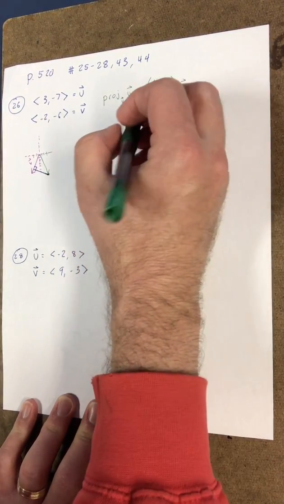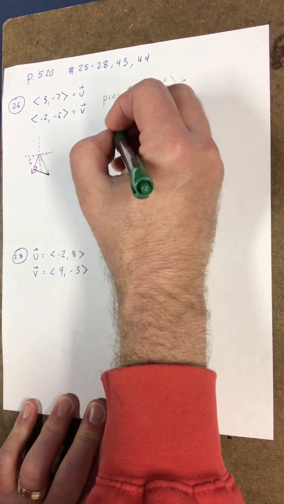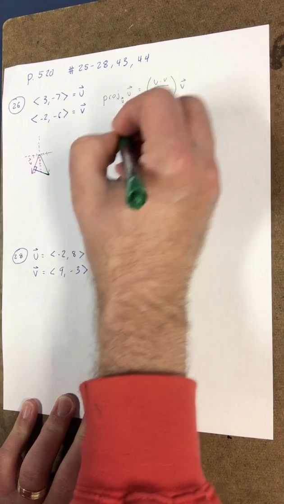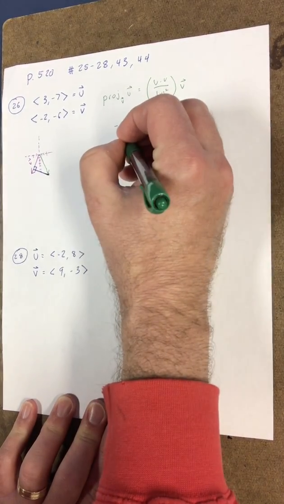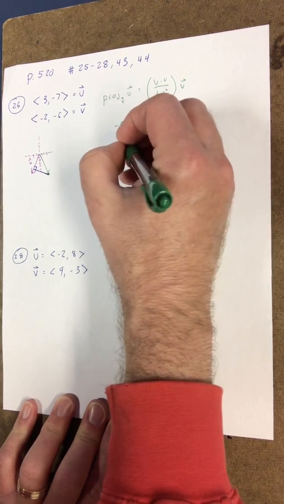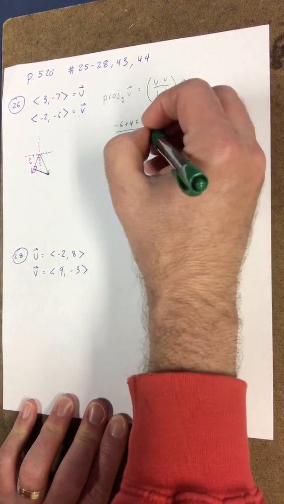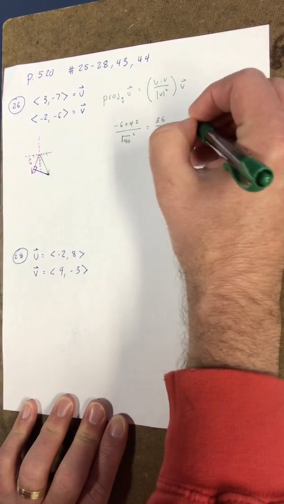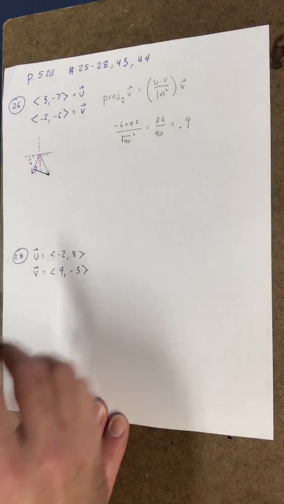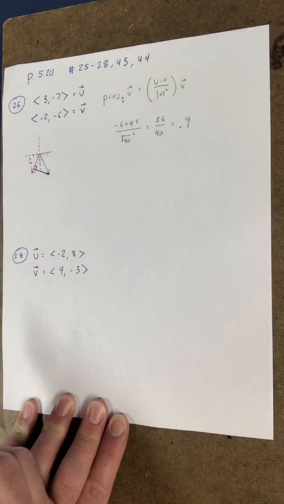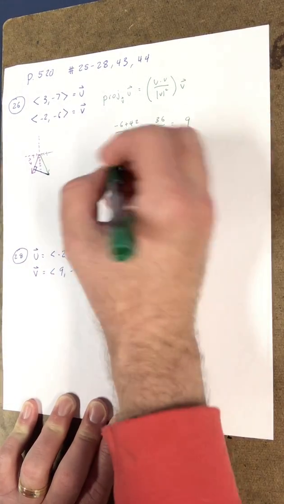So the dot product would be -6 plus 42, divided by the square root of 40 squared. This becomes 36 out of 40, which is 0.9. So this 0.9 represents the scalar that we're going to multiply into vector v.